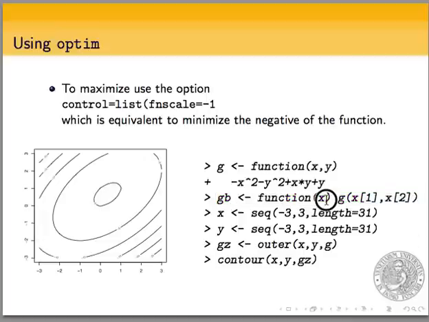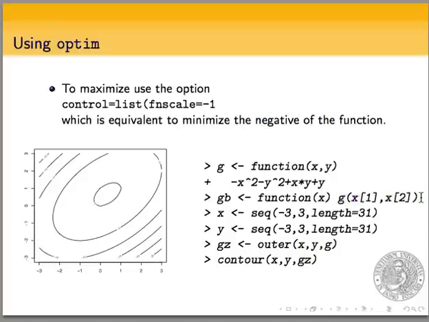This is a function of a unique vectorial object, and here I am using a sort of nice trick. Instead of retyping everything in terms of x1 and x2, I am just using the previous definition, which was given in terms of two variables.